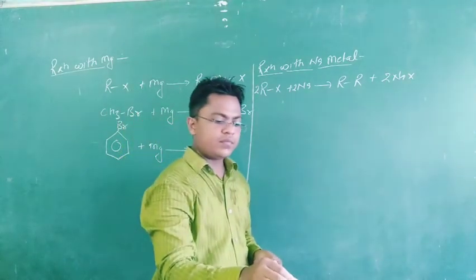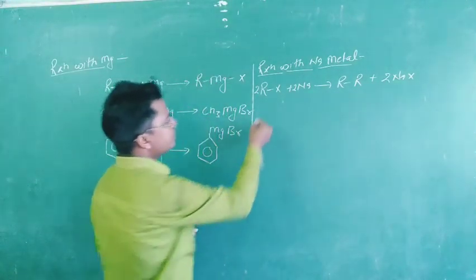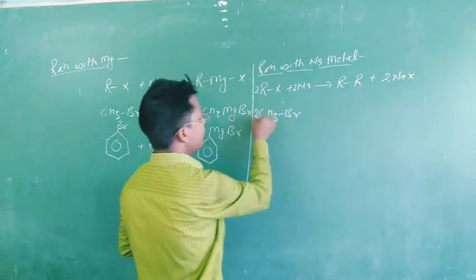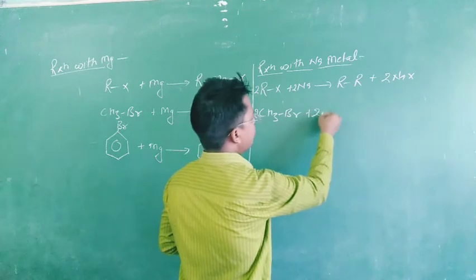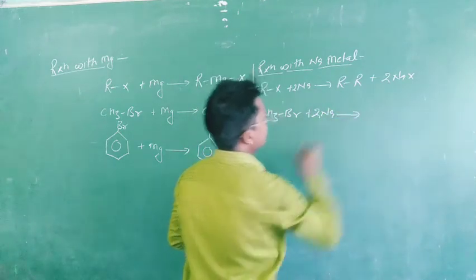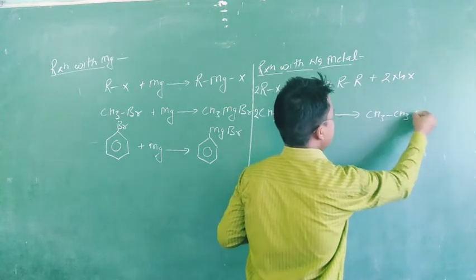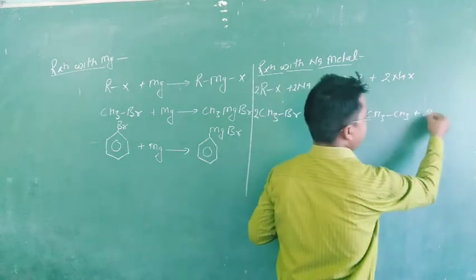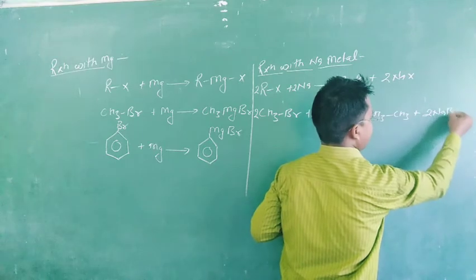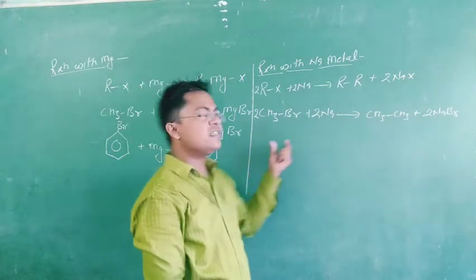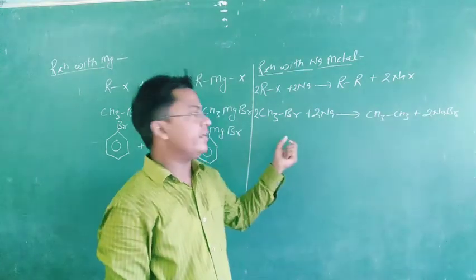Now suppose we have CH3Br. Let's take two molecules, plus 2 sodium metal, then CH3 single bond CH3 plus 2 NaBr, like this. This reaction is called Wurtz reaction.